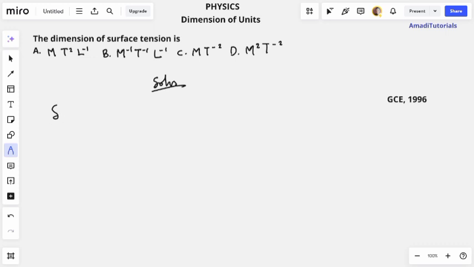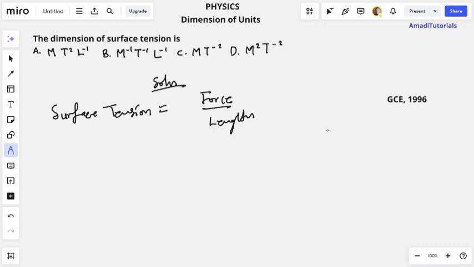Like I usually say, to find the dimensional unit for any physical quantity, the first thing you have to do is to define that quantity mathematically. So the definition of surface tension is the ratio of force to length, or you say force per unit length. So that is force over length. That's the definition of surface tension.